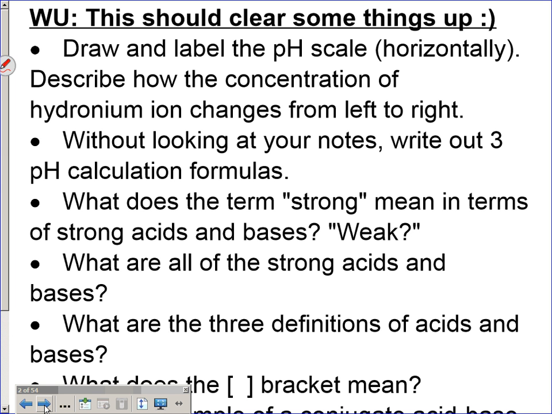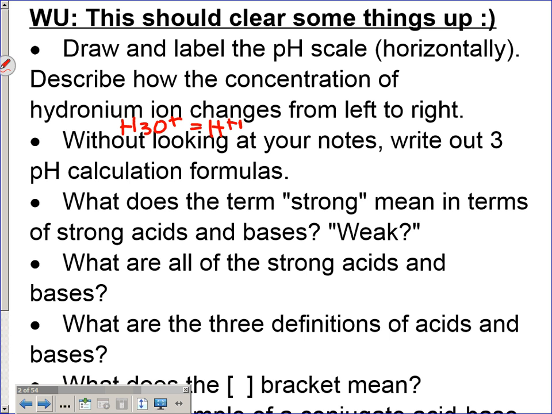Describe how the concentration of hydronium ion changes from left to right. Hydronium is what formula? It is H3O+. It is essentially the same thing as me saying hydrogen, because a hydrogen ion can attach to a water molecule, so H2O and H+ come together to make H3O, which is where that 3 comes from, and that hydrogen ion can carry its plus charge with it and attach to the water.